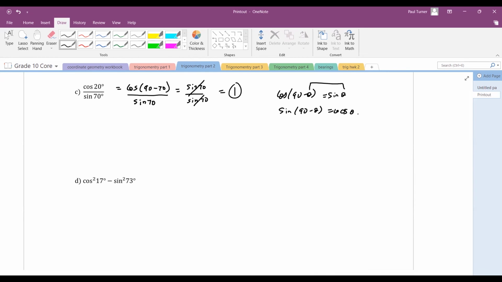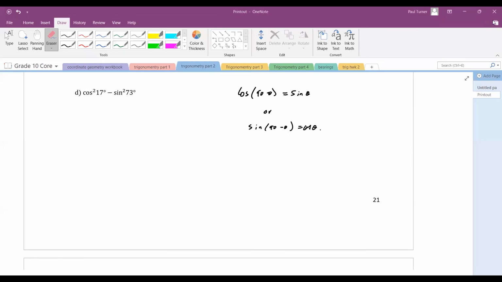Just like that. So let's use our sine and cosine complementary rules to do this. So we've got cos 17. Well, cos 17 is going to be the same as, cos 90 minus 17, rather. I'm jumping ahead, aren't I?